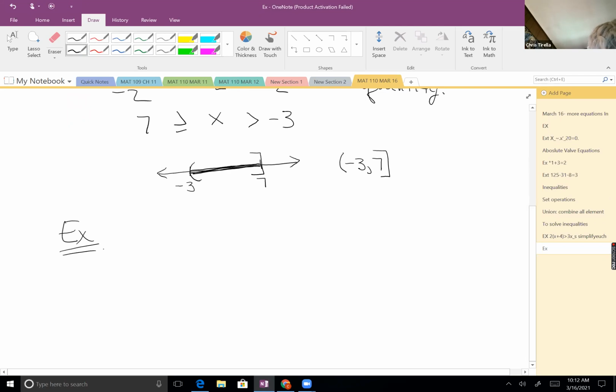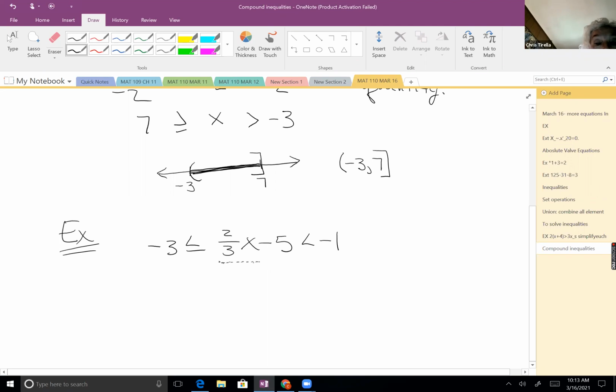Let's look at -3 is less than or equal to 2/3 x minus 5 is less than -1. Again, we want to try to get the variable alone in the center.